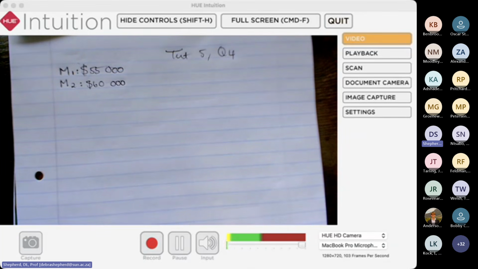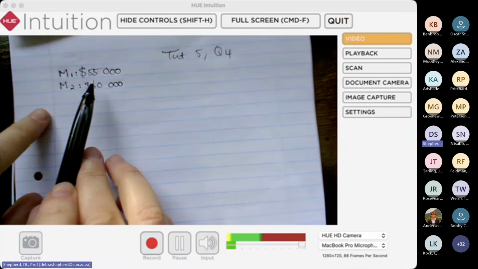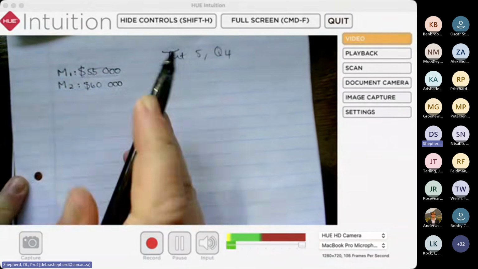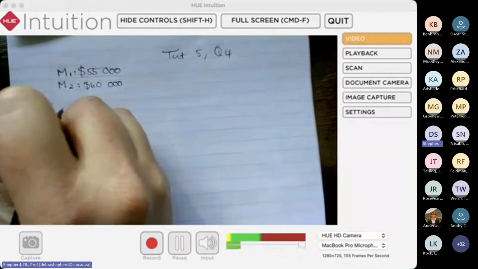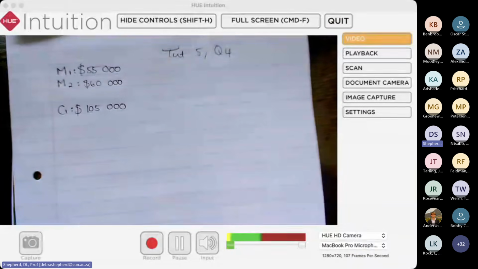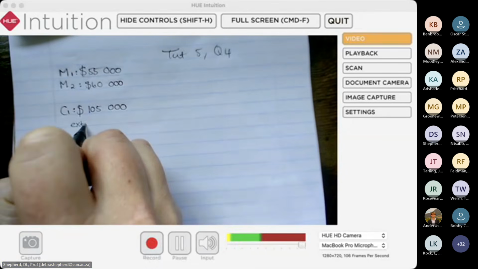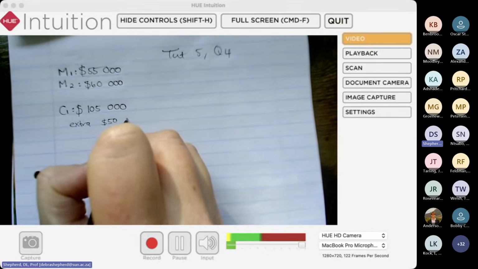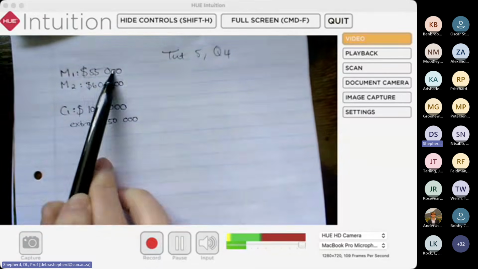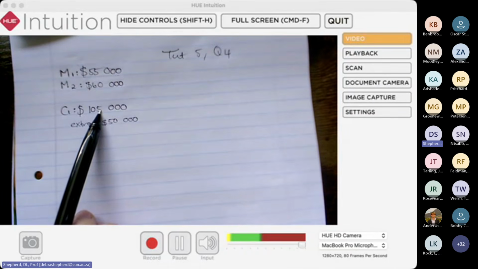Why am I saying $50,000 today? It's because she has $55,000 now. She wants to consume $105,000 right now, which means she needs an extra $50,000 to bring her 55,000 up to 105,000.